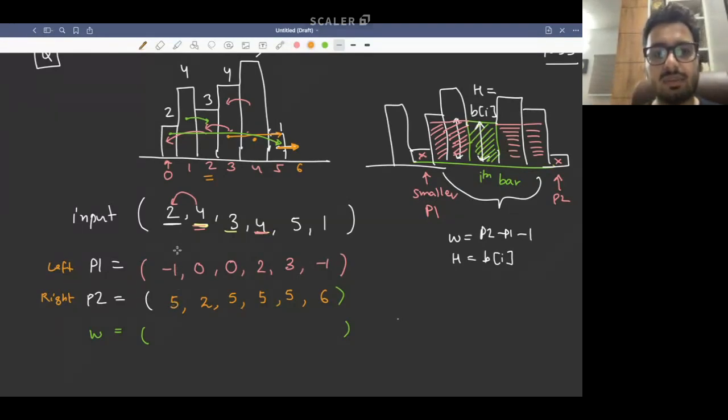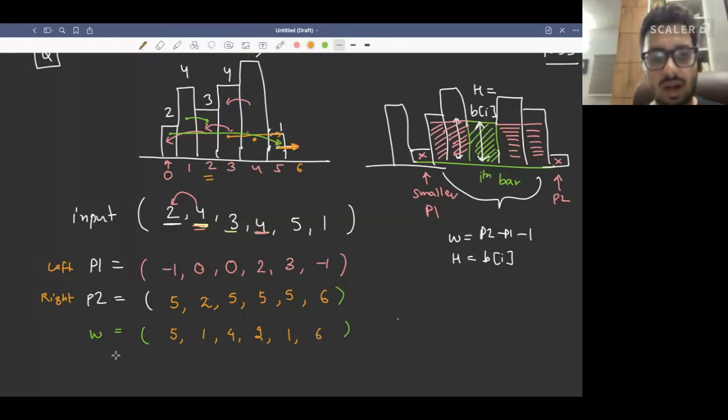P2 minus P1 minus 1. 5 minus minus 1, 6 minus 1, 5. 2 minus 0 minus 1, 1. 5 minus 0 minus 1, 4. 5 minus 2, 3 minus 1, 2. 5 minus 3, 2 minus 1, 1. 6 minus minus 1, 7 minus 1, 6.